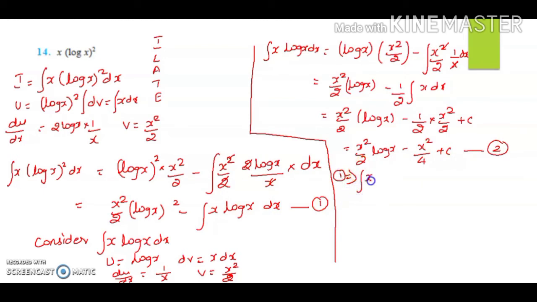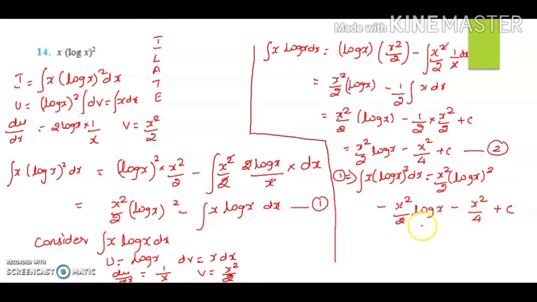So 1 implies integral x log x the whole square into dx is equal to x square by 2 log x the whole square minus the integral of x log x, which is x square by 2 log x minus x square by 4 plus c.